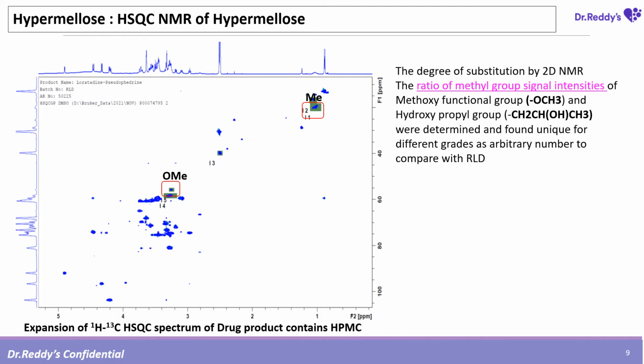Based on that, the quantification can be determined, and the type of the polymer can be understood. So overall, to summarize, it is very important to understand the right grade of the polymeric standard with its right substitutions using size exclusion chromatography coupled with a light scattering detector, and also NMR.